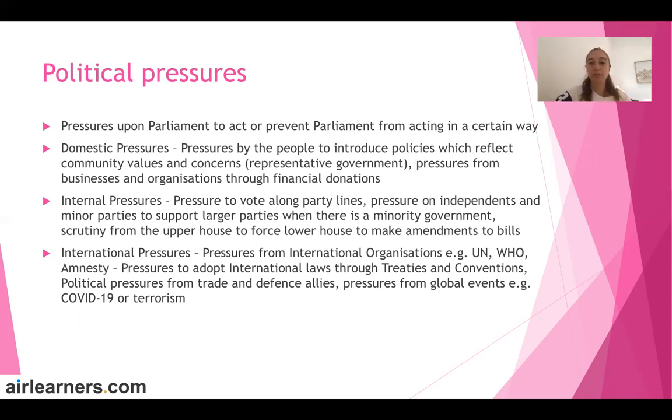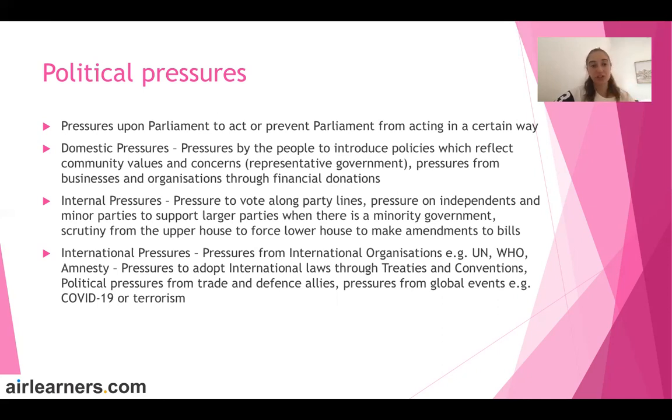There's also pressure placed on independents and minor political parties to support the larger parties when there is a minority government, and the larger political parties depend on those independents and minor political parties in order to gain a majority of votes. And there's also scrutiny and pressure from the upper house placed on the lower house to make amendments to bills through the House of Review process.